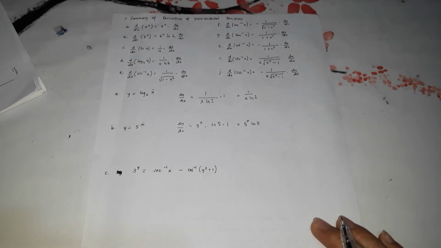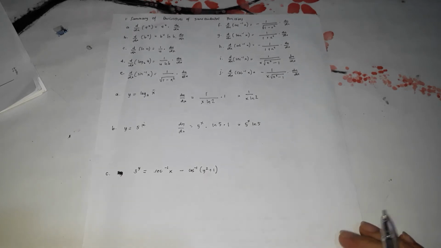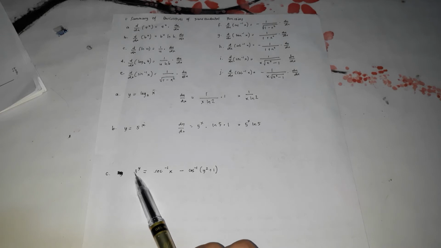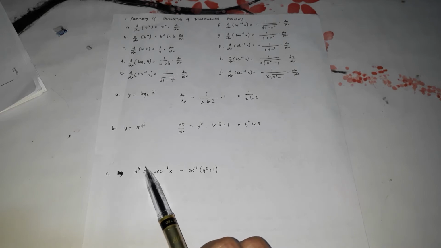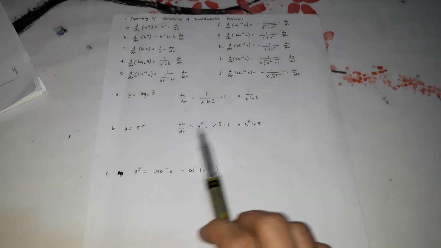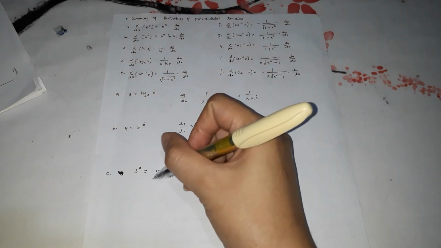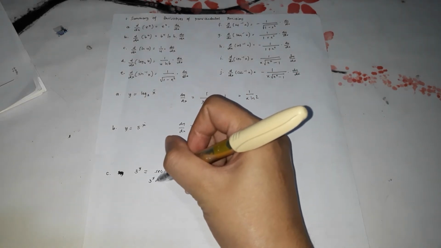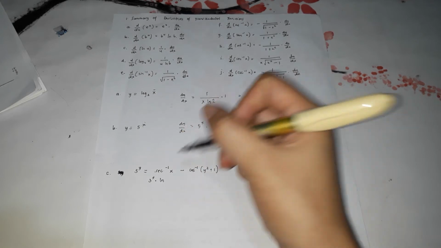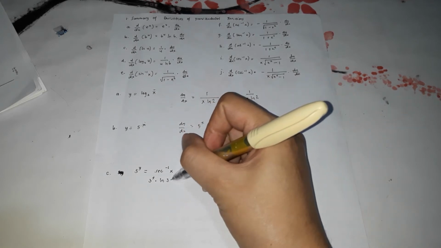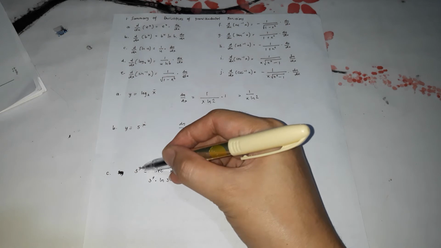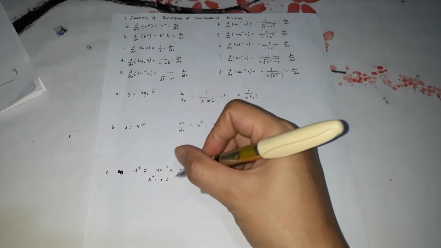For number 3, this is more complicated than the other two. First, we find the derivative of 3 to the y, the same as letter B. So copy 3 to the y times ln of 3 times the derivative of y, which is 1.